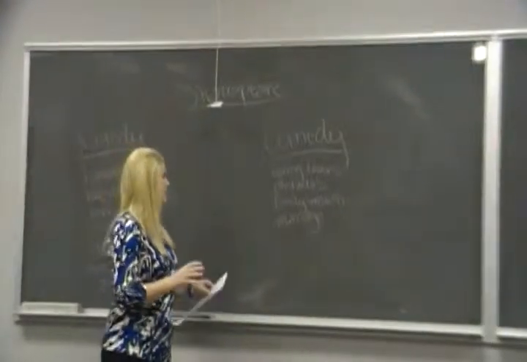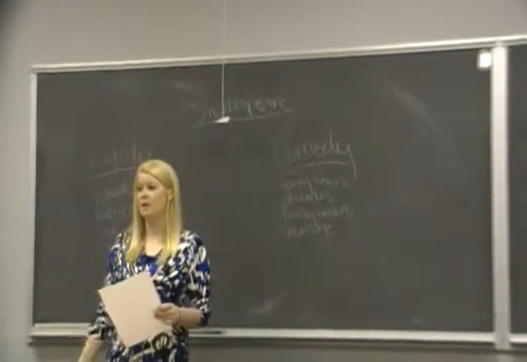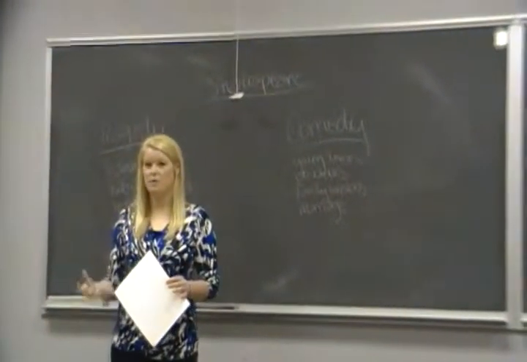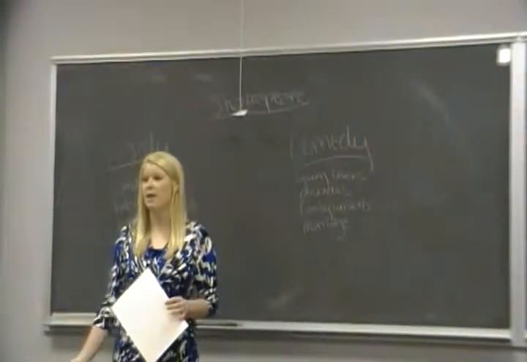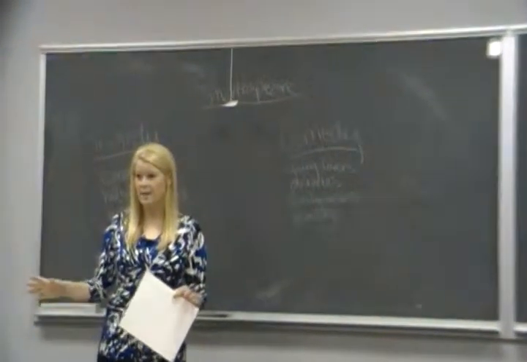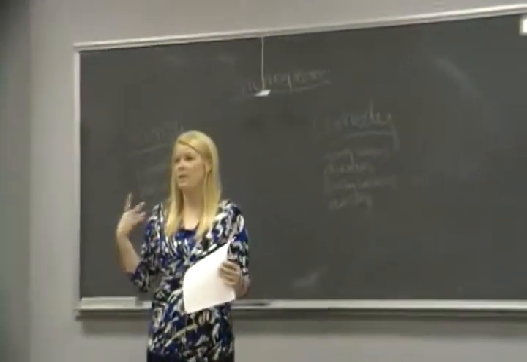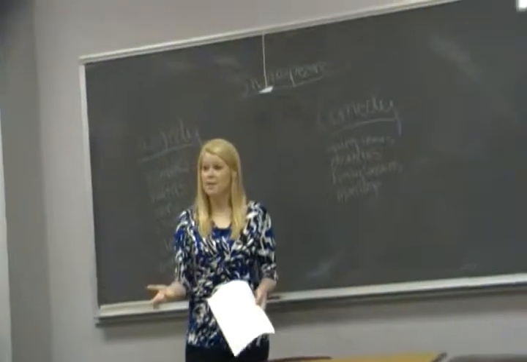The characteristics of Shakespearean comedy deal with young lovers who are usually faced with obstacles that are created by their elders. And we all know that our parents, grandparents, they can put pressure on us, or we feel like we have to act a certain way, be a certain way, just because they want us to be.